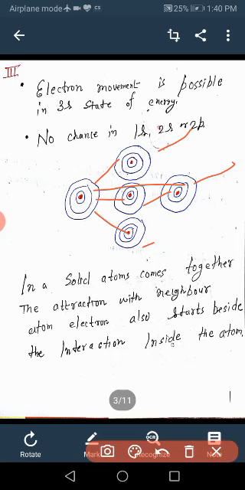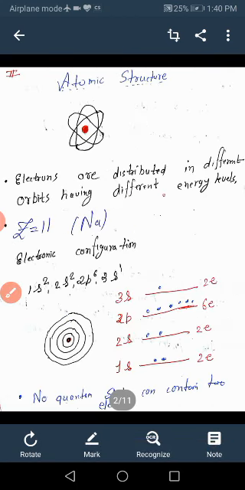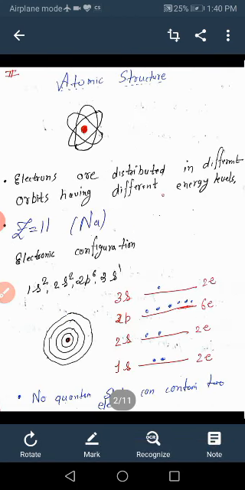So the electron movement is possible in 3s, and here you can understand why I am saying 3s: because the electron in 3s is the farthest from the nucleus, and it has the least amount of force.